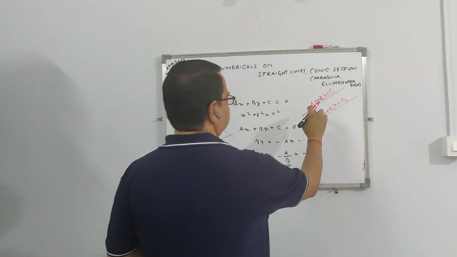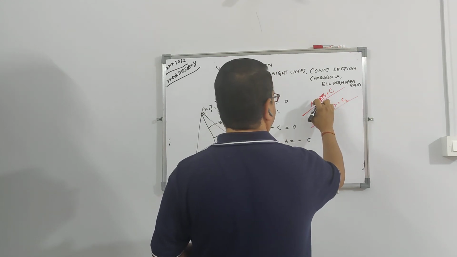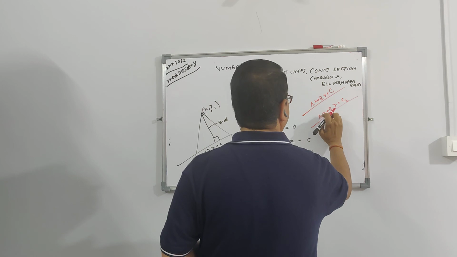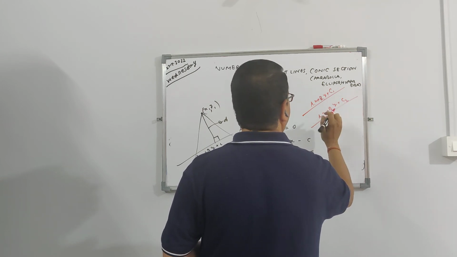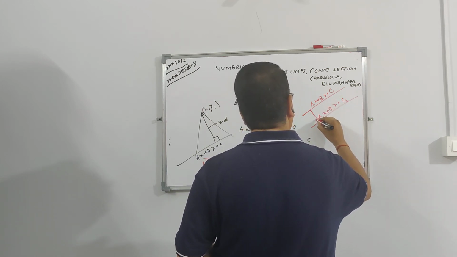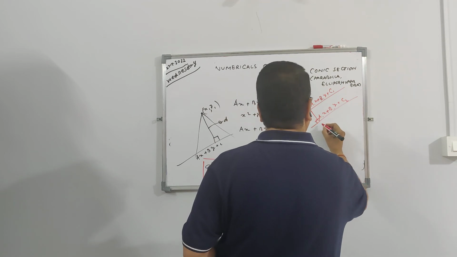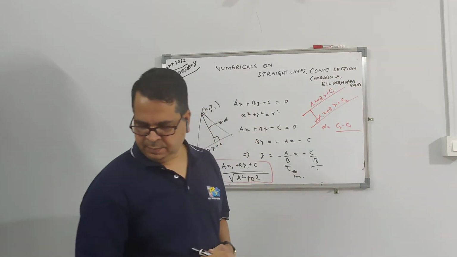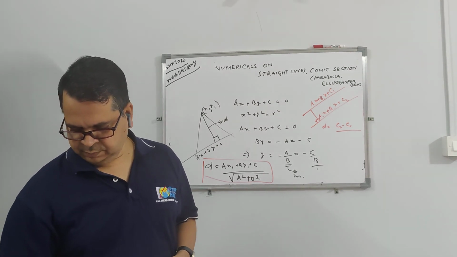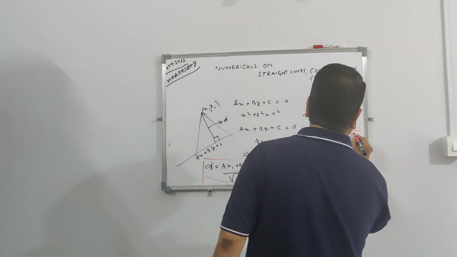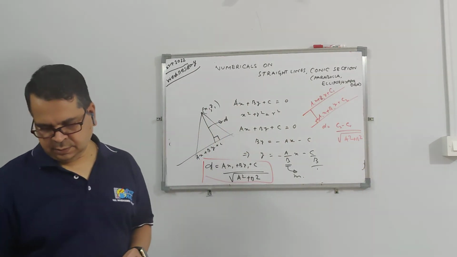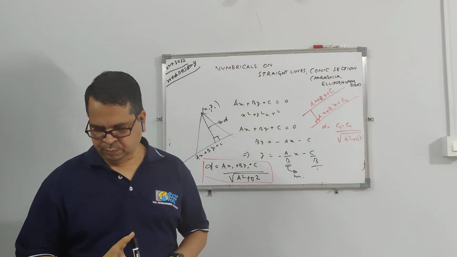In general, with the same a and b, the distance will be (c2 minus c1) divided by square root of a square plus b square. That's all, the distance between two parallel lines.